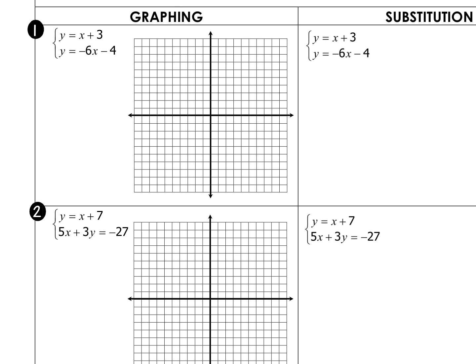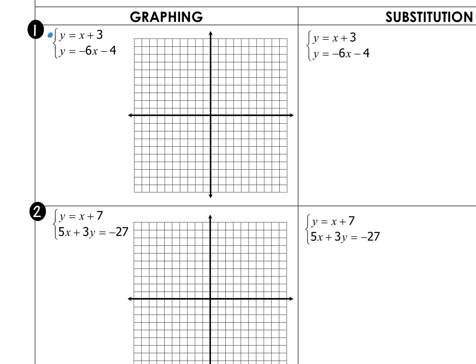Otherwise, it gets really tedious. It's just not my favorite method. For some of you, you might like graphing, and that's okay. But if the numbers are really big, it makes it harder. But they're already in slope-intercept form, so this one is easier than other methods might be.